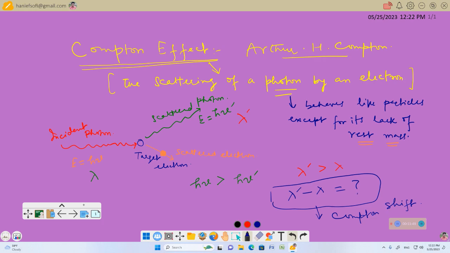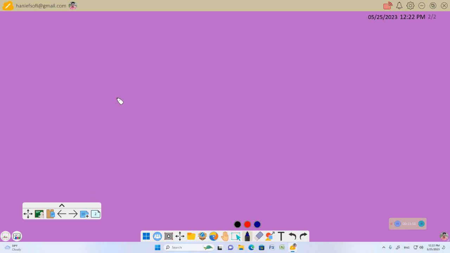Now I will make this figure clearly. I have used this green color. This is my target electron. I assume this target electron is at rest.